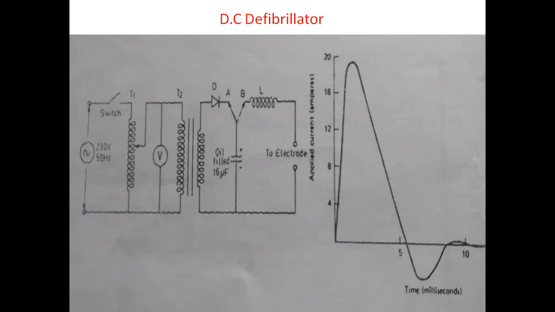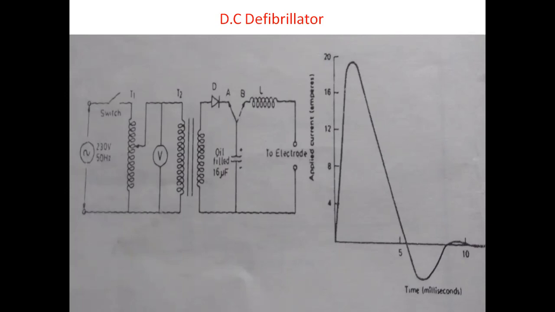To avoid that, we use an inductor, which changes the shape of the waveform. It means avoiding sudden spikes, since such voltages would burn the chest walls.